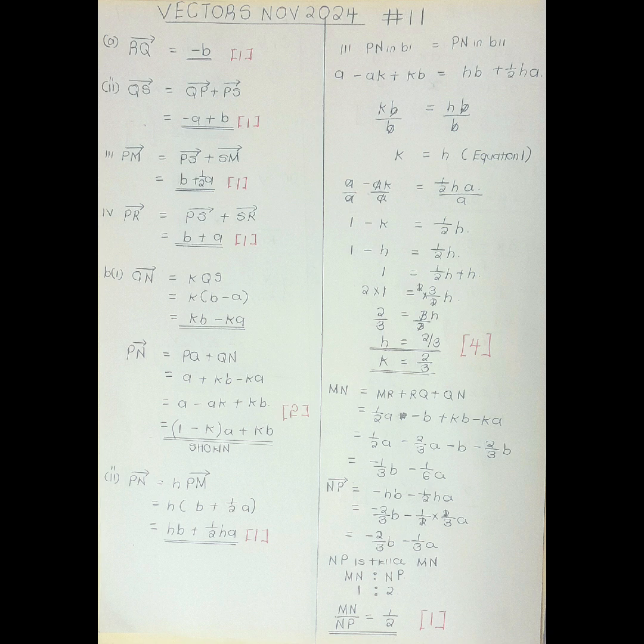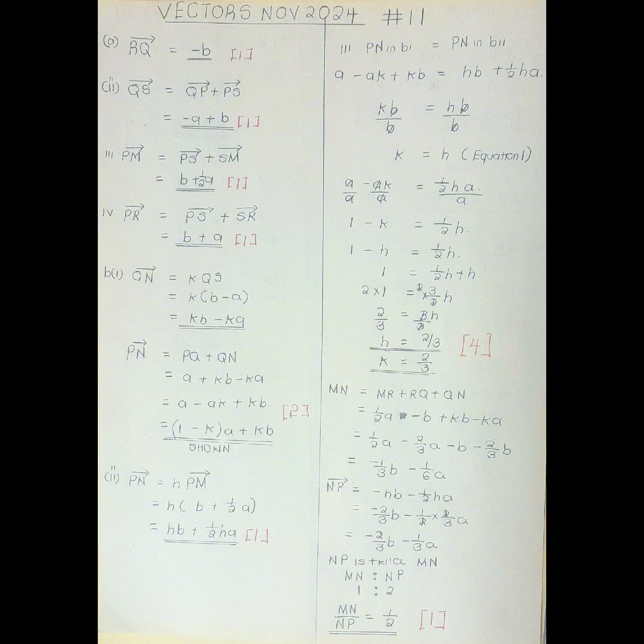We shift that minus KA to be nearer A, and we factorize the first pair so that A is factored out. We now have 1 minus K times A plus KB. And then part 2, if PN is equal to HPM, express PM in terms of H. We just multiply PM by H in order to get HB plus half HA.